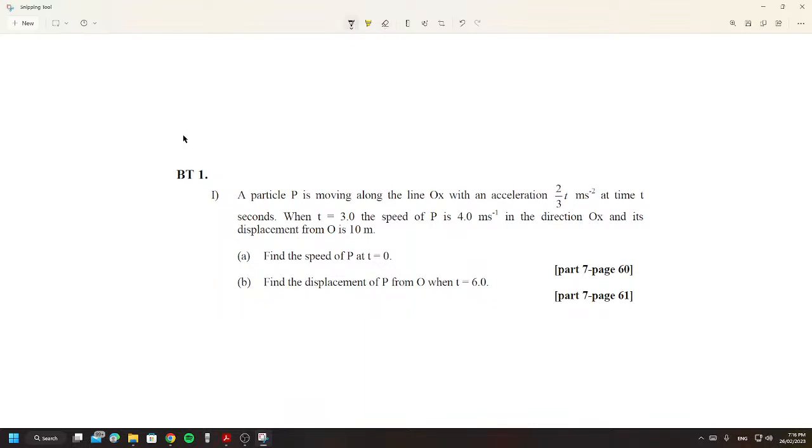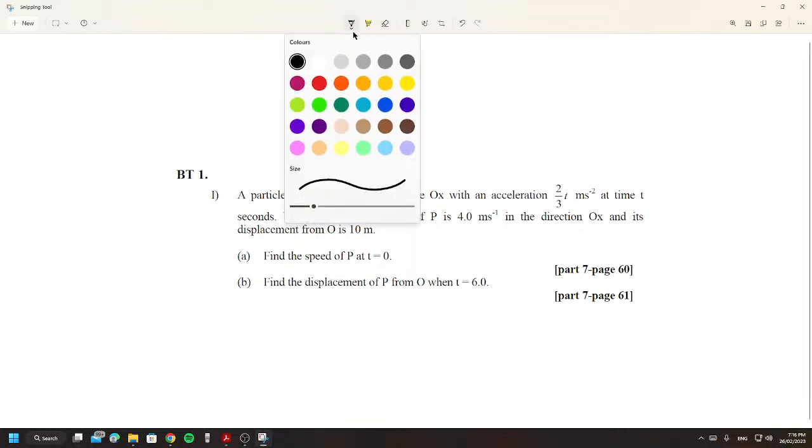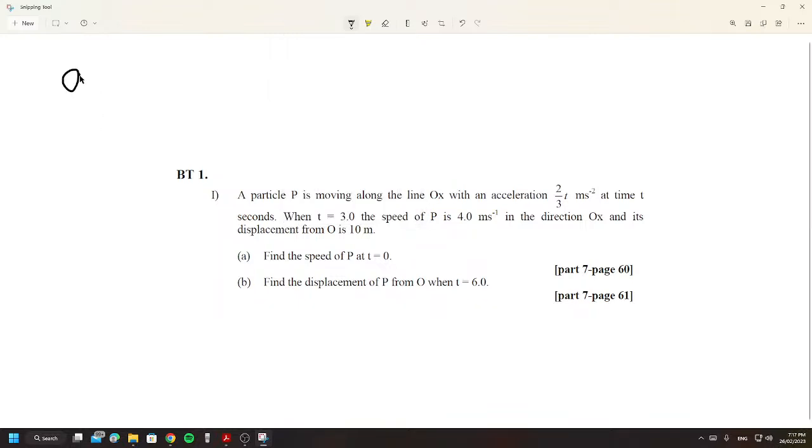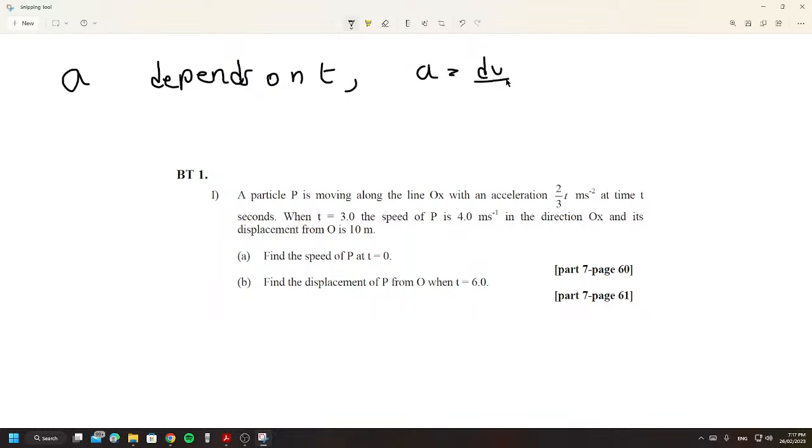Okay, so when you're integrating acceleration in terms of t, I keep saying deriving. Ignore that. When acceleration depends on t, then a is equal to dv over dt.